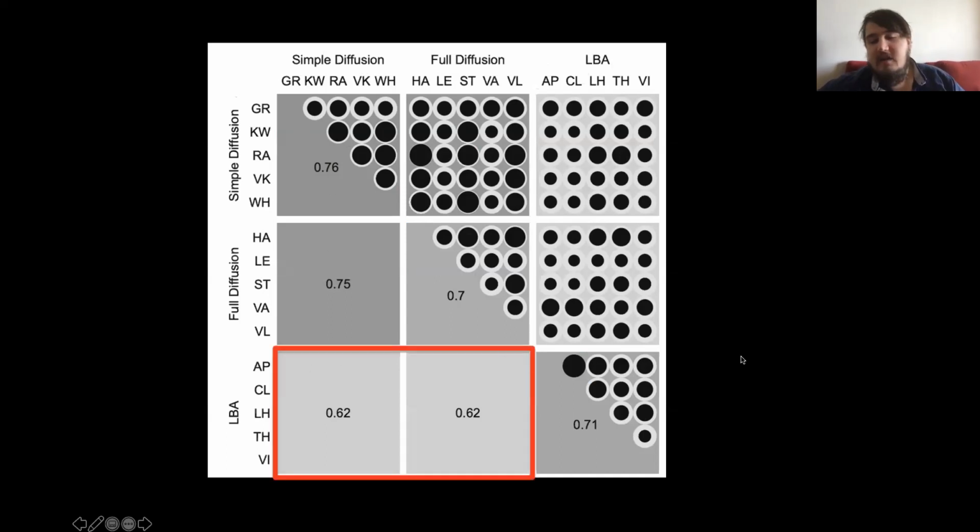And I think the most important thing here is that the LBA inferences correlated quite poorly with inferences from the diffusion model. Much more poorly than groups that used the same model: the simple correlated with other groups that used the simple, and the full with other groups that used the full. LBA correlated the worst with them.